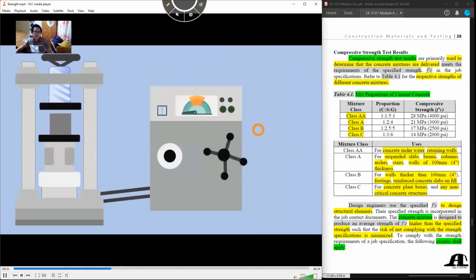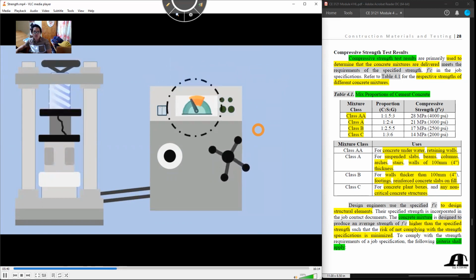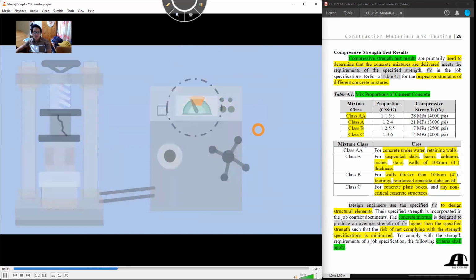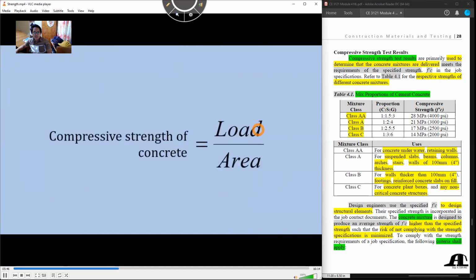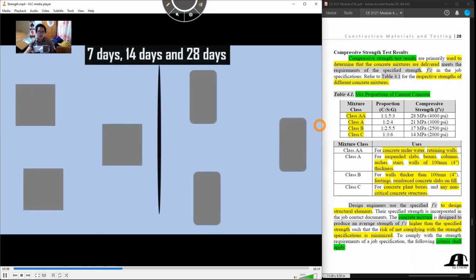The instrument is adjusted such that the plate touches the top surface of the specimen. The load is applied gradually over the specimen at the rate of 140 kilograms per centimeter square per minute. The load at which the specimen fails is noted. Thus, the characteristic compressive strength is calculated from the ratio of load and the area. The test is generally done with the help of 3 specimens and tested for 7 days, 14 days and 28 days.